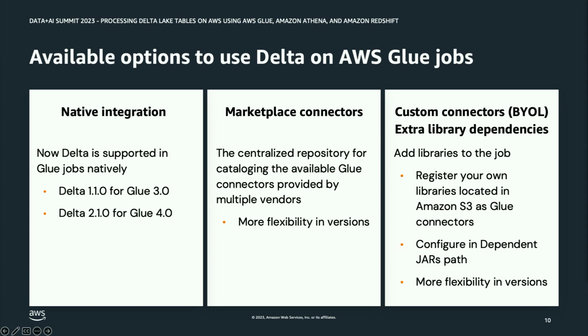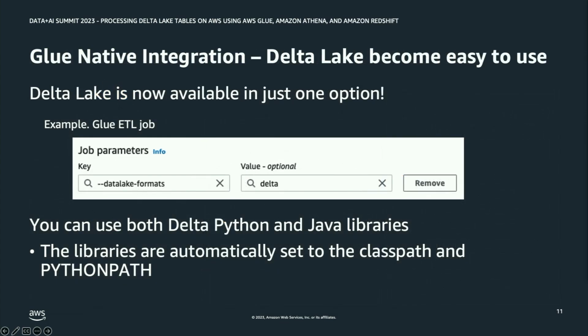This time, we will focus on native integration because it's the easiest option for you to use Delta Lake on Glue jobs. With native integration, you can use Delta Lake with just one option. You put the job parameter key, hyphen hyphen datalake-formats, and set the value to delta, and that's it.